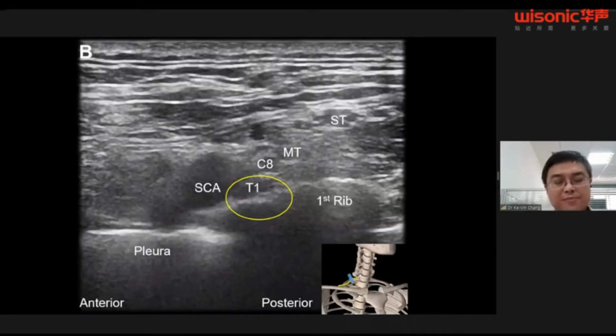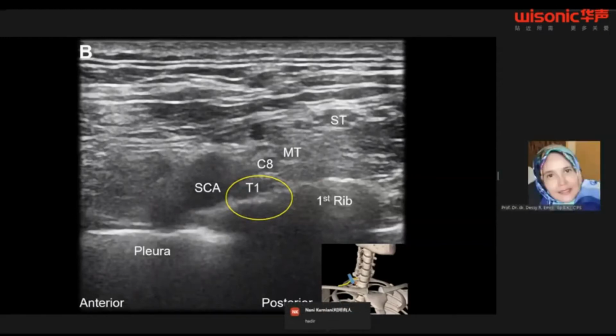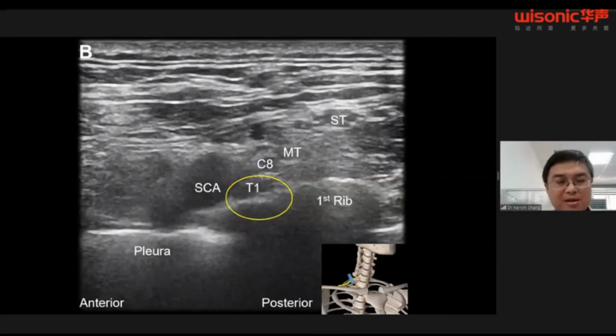C8 is located at the deepest part of the interscalene groove. At the interscalene groove, you can find the anterior scalene, middle scalene, and superficially the superior trunk, middle trunk, and the C8 nerve root is located just on top of the pleura.